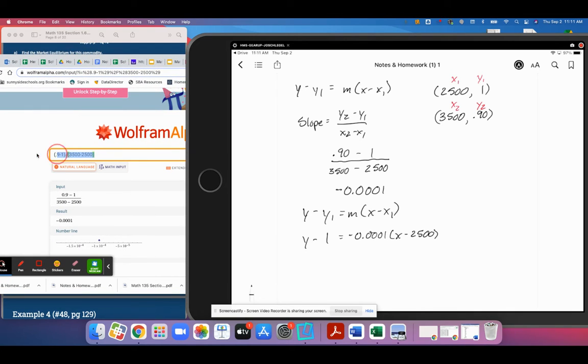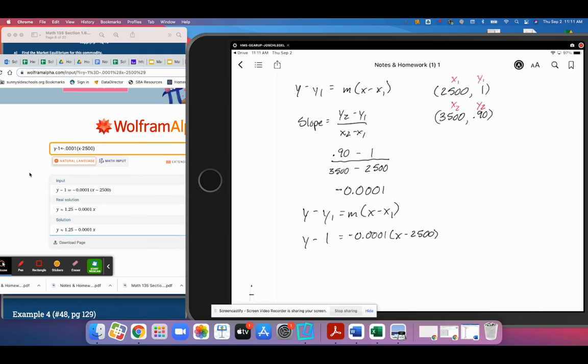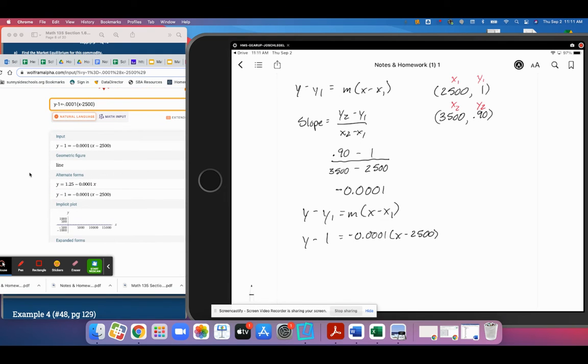We want the alternate form that looks like y equals mx plus b in this case. And so we end up with an alternate form that is y equals, and again, I'm going to put my x value first, negative 0.0001 x plus 1.25.